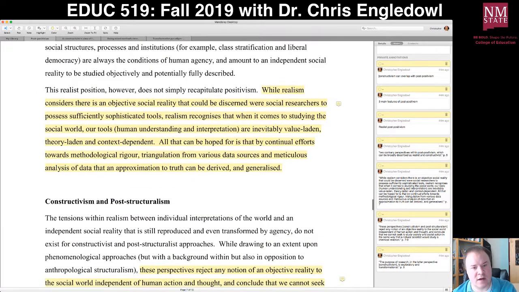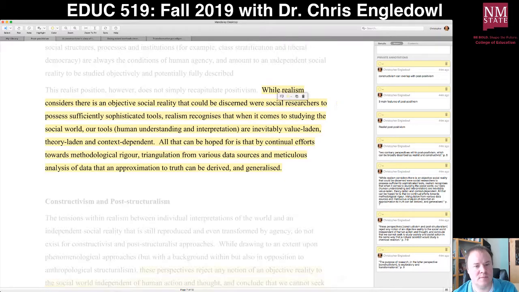And then he talks about the realist position, which is still, he claims, slightly different from positivism, which holds the pursuit of an objective truth that exists in the world. And so I highlighted this quote here.